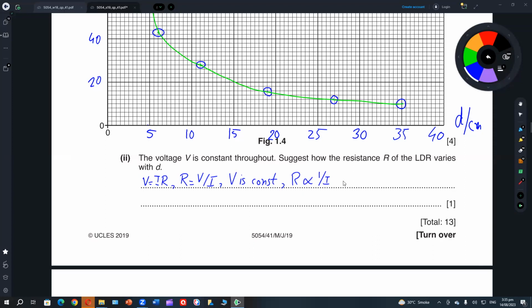Now you see as D is increasing, I from the graph decreases. I and R are inversely proportional, so R increases. So this is the link you have to follow.